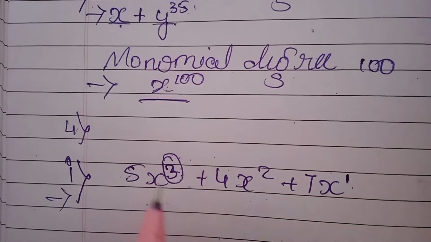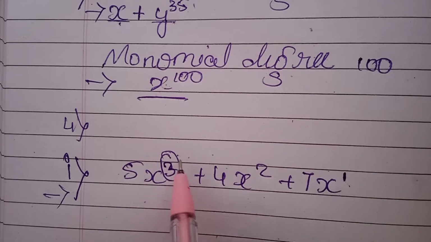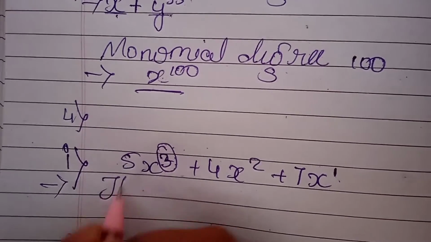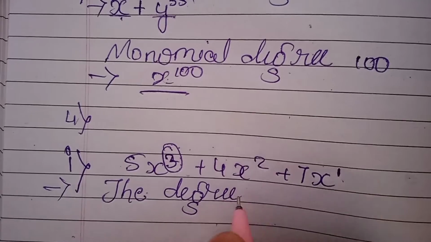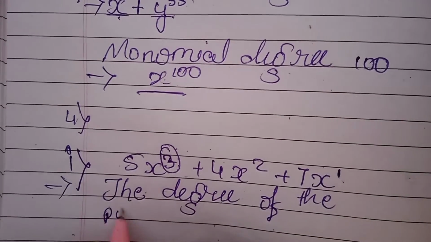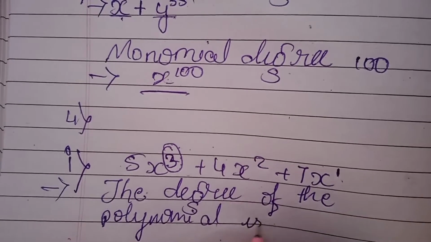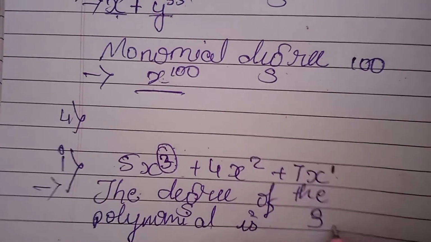Whatever the expression is, we should write the degree as the highest degree of the expression. In this expression, the highest degree is 3, so we write that the degree of the polynomial is 3. Okay friends, we will move to the second part.